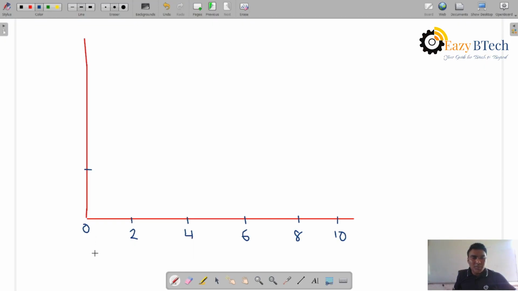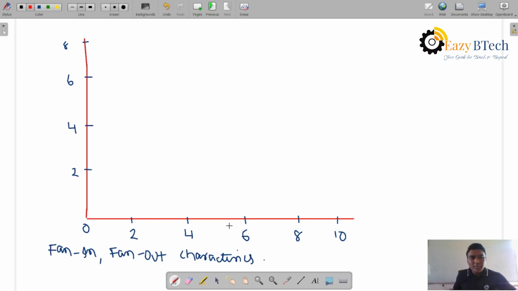So this characteristics representation is the fan in, fan out graph, and here it is 2, here 4, here 6, and this one is 8.